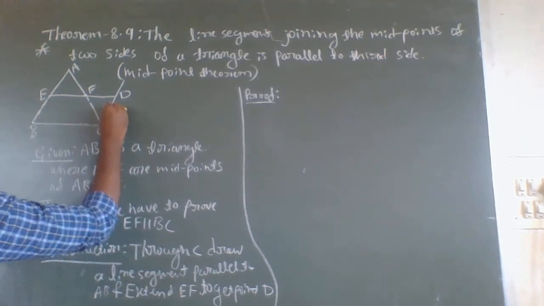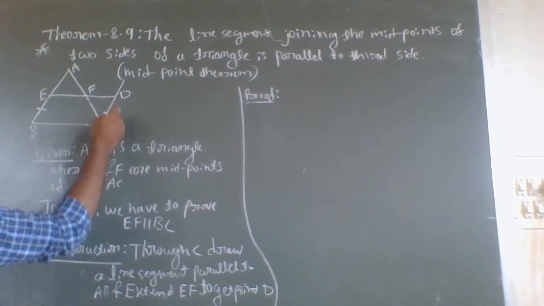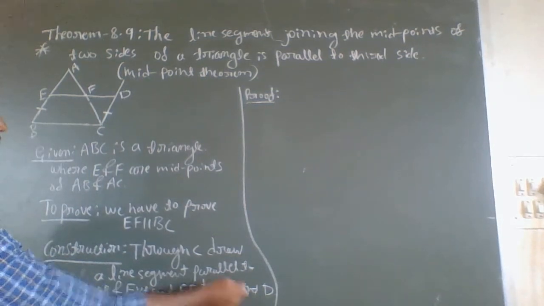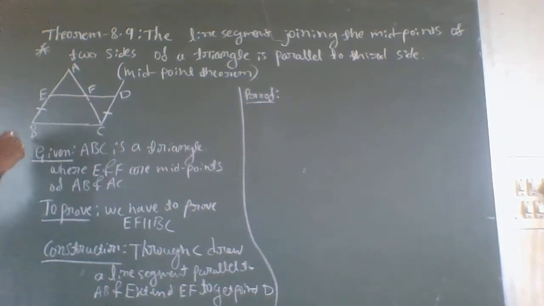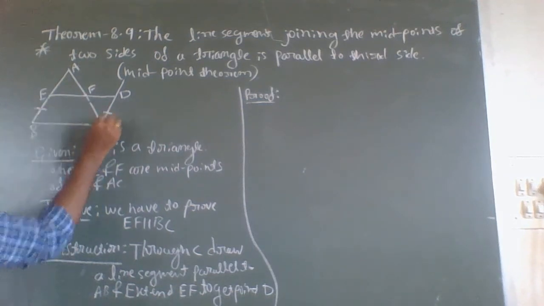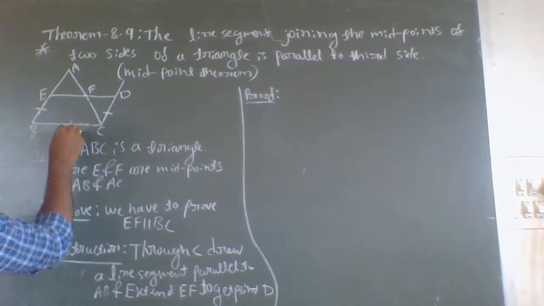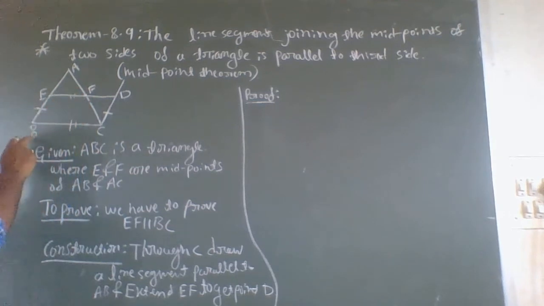Here, these two sides CD and EB are parallel, and we extended EF to get point D. This is by construction. What we have to prove here is that BC and EF are parallel.